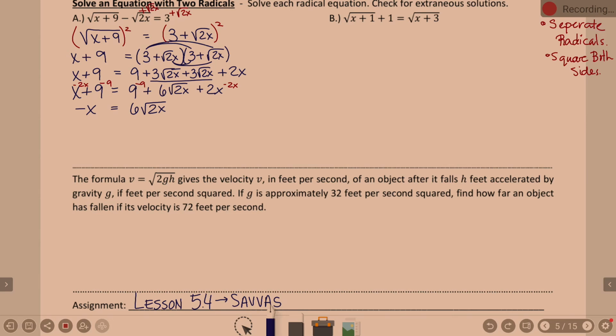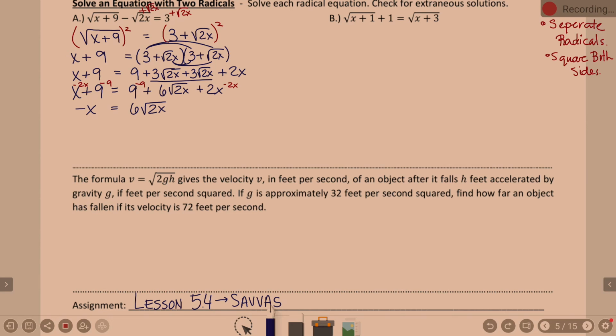With that in mind, is my radical term by itself? Yes and no. Are we saying it's not by itself because there's still a 6 out here? Okay. Which I agree to an extent, but here's the deal. I have the square root term all by itself. To get rid of the 6, I would have to divide, which is going to create a fraction over here.